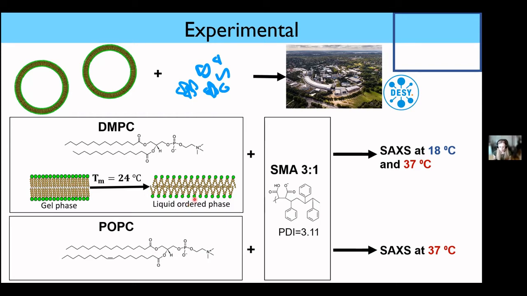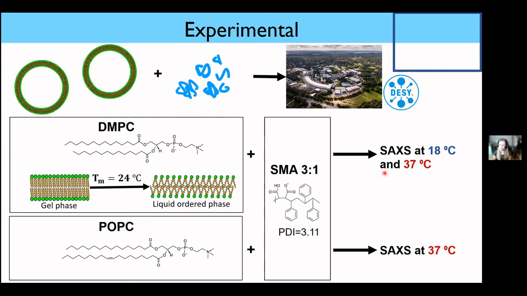So what we did is we had the pure components and mixtures of DMPC with different concentrations of SMA 3:1. This is the SMA 3:1 from the lipid product here. We took mixtures of DMPC and SMA as well as the pure components, and we measured those at 37 and 18 degrees, as separate mixtures.